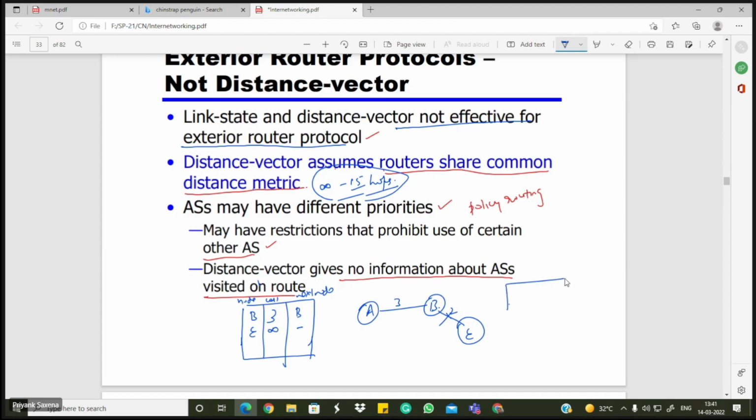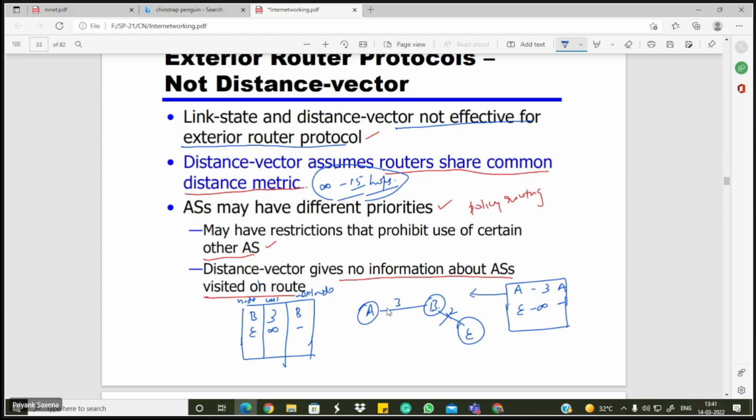So once B updates its table, this path doesn't exist. So B updates that A is 3 and E is infinity, the next node is A and no next node for E.